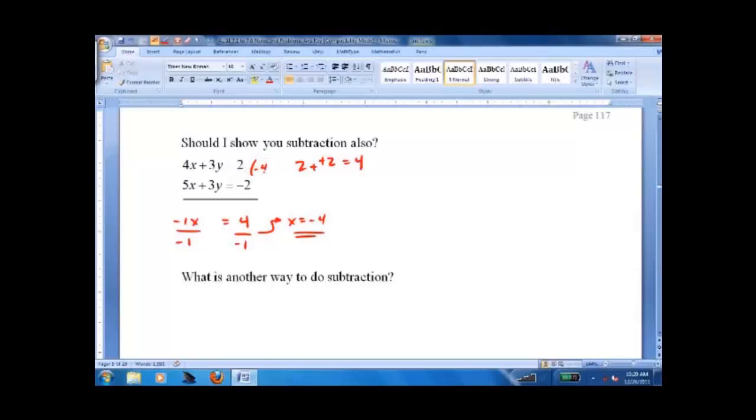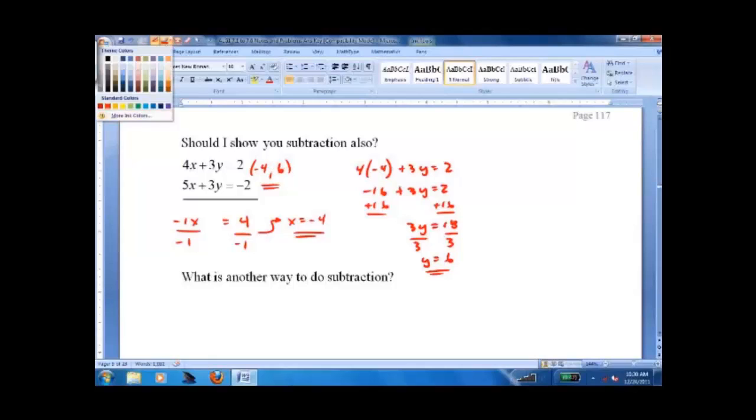So there's the first part. I'm going to erase this just because it's in the way. And let's use the top equation. 4 times negative 4 plus 3y equals 2. Negative 16 plus 3y equals 2. 3y equals 18. y equals 6.